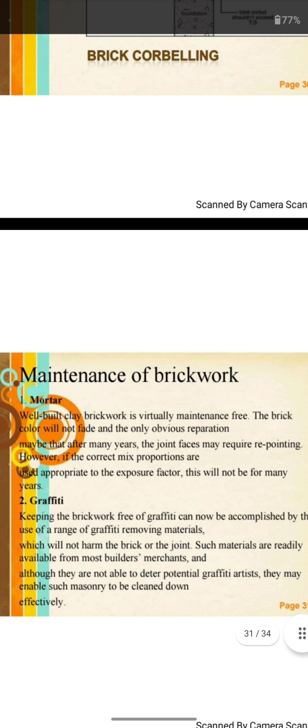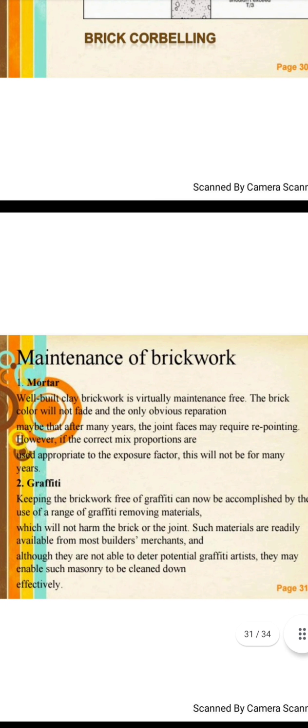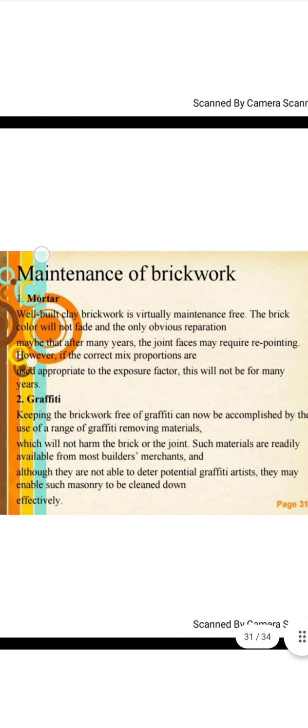Maintenance of brickwork. Mortar. Well built clay brickwork is virtually maintenance free. The brick color will not fade, and the only obvious repair is that after many years the joint faces may require repointing. However, if the correct mix proportions are used appropriate to the exposure factor, this will not be for many years. Graffiti.